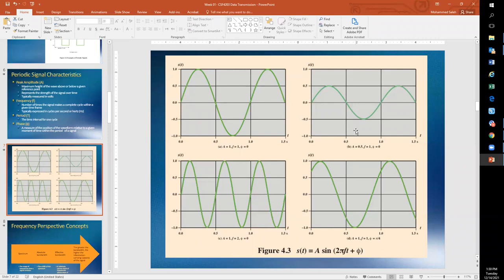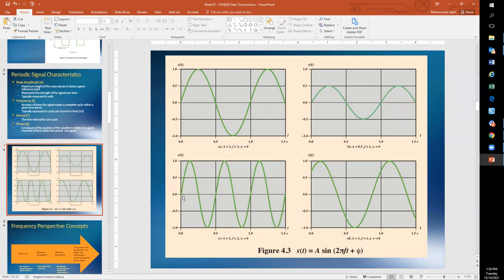For the second one here, the time needed to complete one full cycle is again 1 second. So the frequency is 1 over T, so it is 1 again. The amplitude here is 0.5 volt. Now this one is a faster signal, because it has higher frequency.